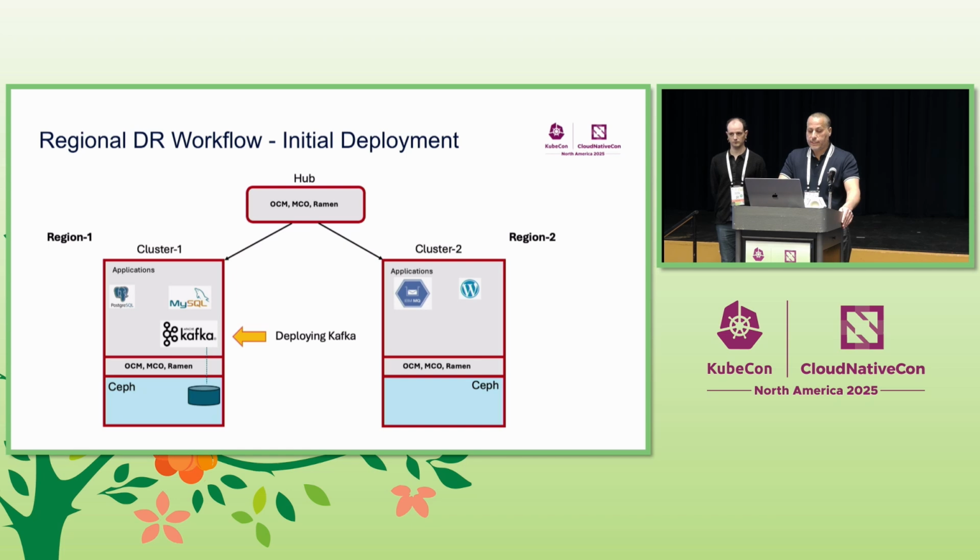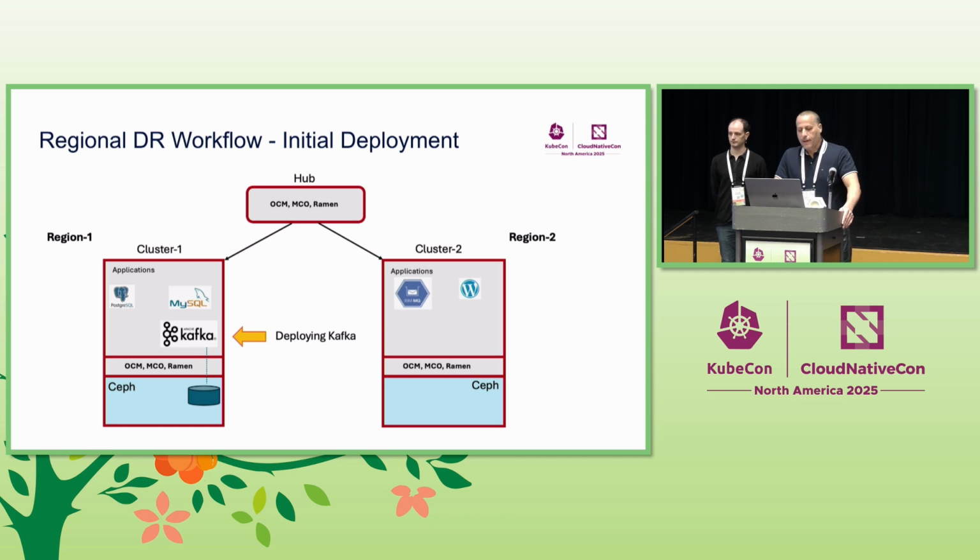And what you see in this diagram also is that we have applications in both clusters. So this is not an active-passive configuration. This is an active-active configuration. You can have applications running in this cluster, applications running in that cluster, and then when disaster hits, you can fail over either way.